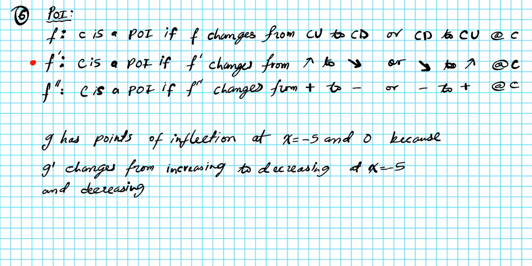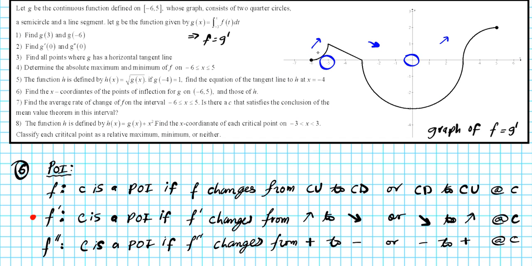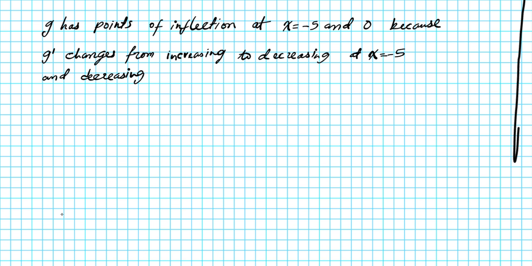Let's make sure that what I'm saying is correct. So this is sufficient explanation as to why we have a point of inflection for g at these two points. Okay, so this is for g.